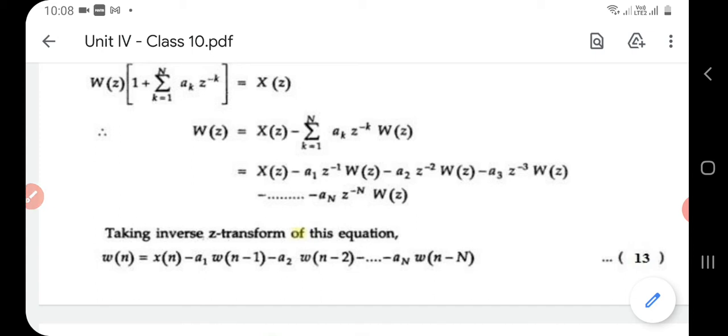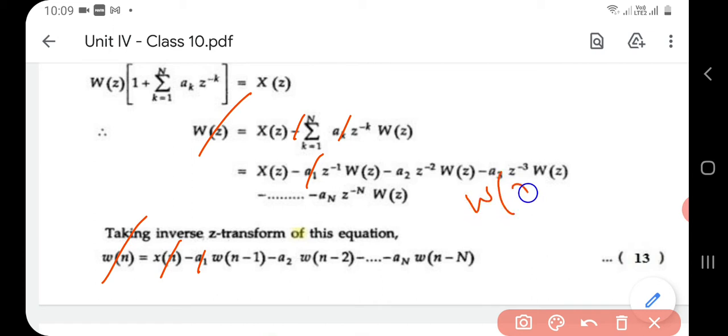Okay, so taking the inverse z transform of the above equation, the inverse z transform of W(z) will be w(n), then the inverse z transform of X(z) will be x(n), then minus is kept as such, a1 is kept as such, then taking the inverse z transform of this one, W(z) will be w(n) actually, but since you have got a delay element z raised to minus 1, this will become w(n minus 1), like this.